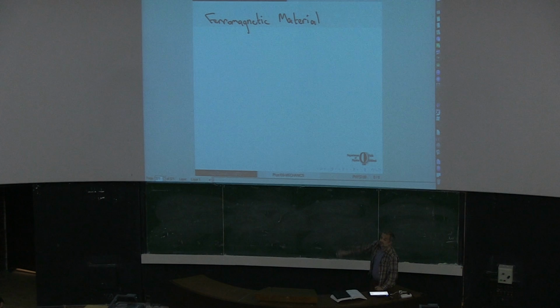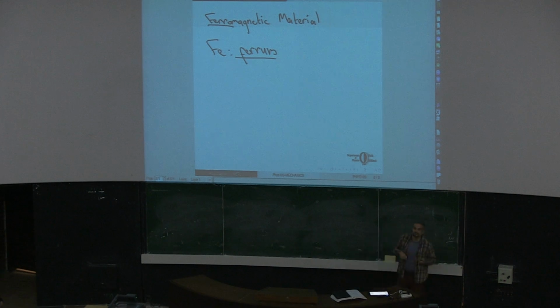Do you know the chemical symbol of iron? Now, ferromagnetic materials, historically speaking, at least, were named after iron. They are materials that behave like iron. Iron is one of the ferromagnetic materials. We have just like 4 or 5 elements that are ferromagnetic. In ferromagnetic materials also the atom has a net magnetic dipole moment.